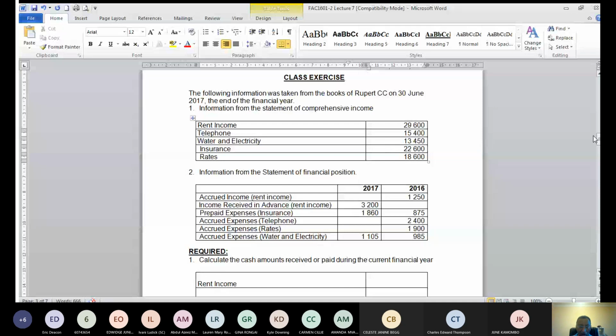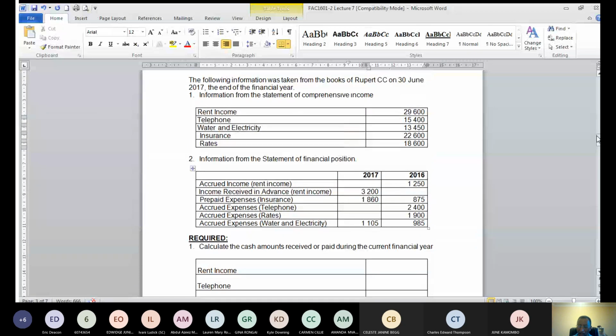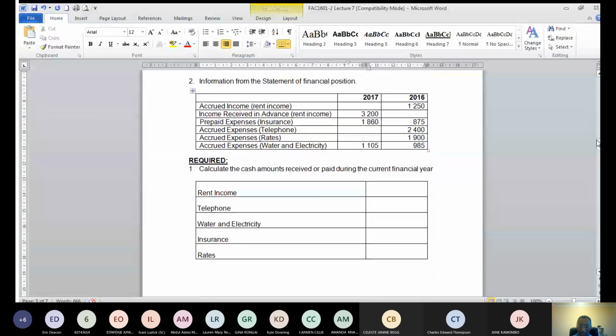Then from the statement of financial position, I've got accrued income for rent, income received in advance for rent, prepaid expenses for insurance, accrued expenses for telephone, for rates, and for water and electricity.